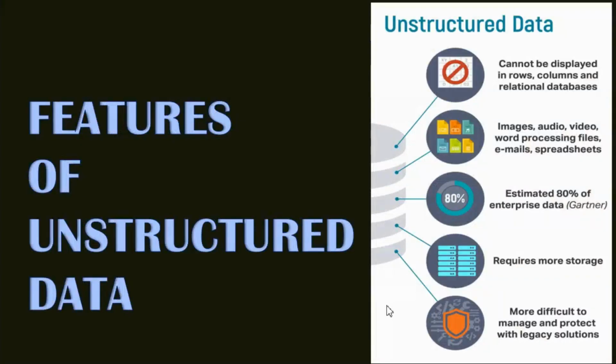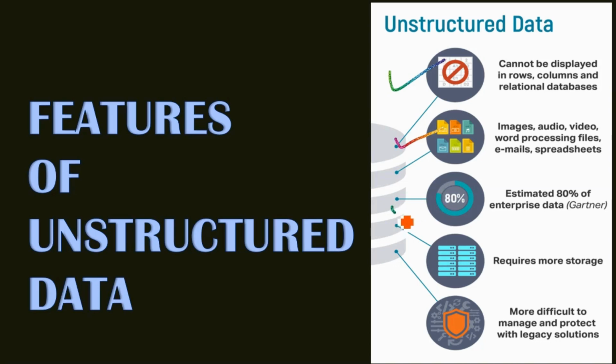Now what are some features of unstructured data? The first is that it cannot be displayed in rows, columns, and relational databases. A few examples are images, audios, videos, word processing files, emails, and spreadsheets.